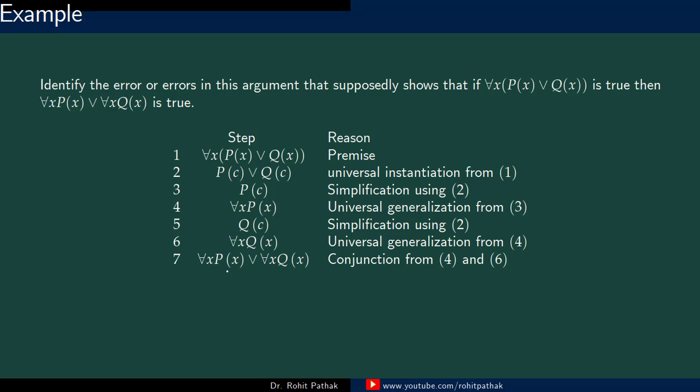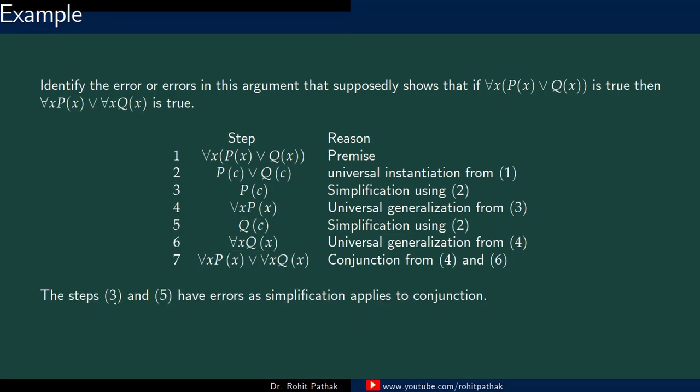So you can combine for all x Px conjunction from 4 and 6. So this one and this one. This is from the conjunction of 4th and 6th, which is also wrong, because conjunction is applicable to and.